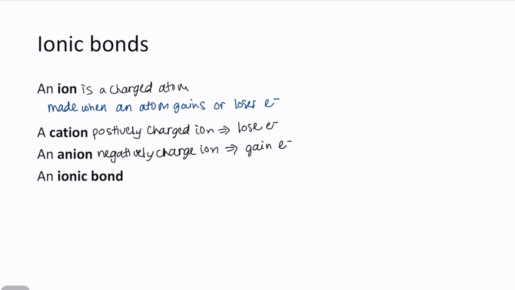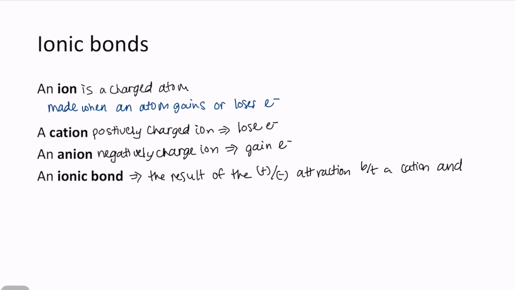So an ionic bond is the result of the positive and negative attraction between a cation and an anion.